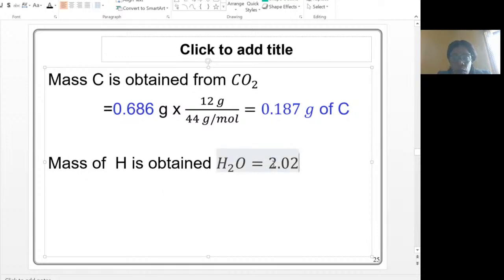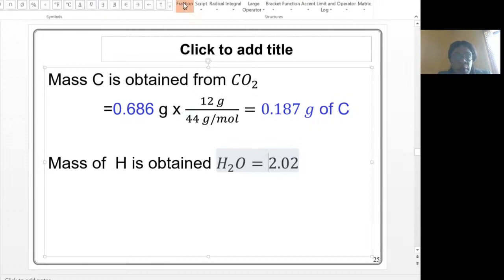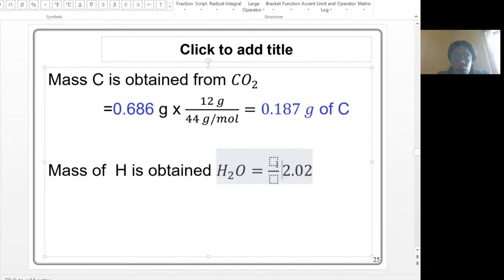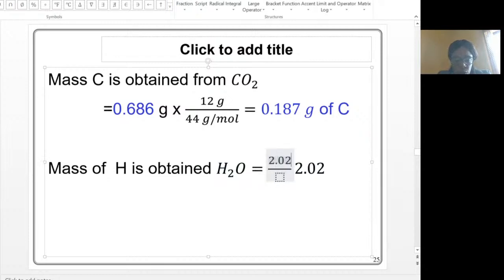So I insert an equation: 2.02 grams over the total mass of water. The total mass of water is actually 18.02. Where did we get this 18.02?